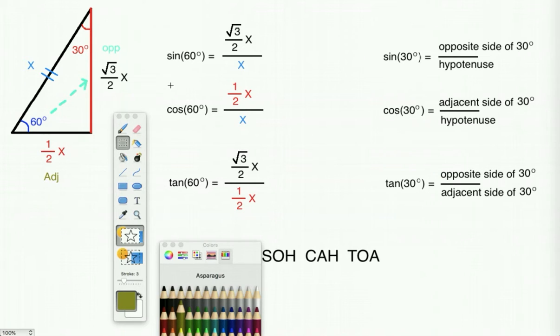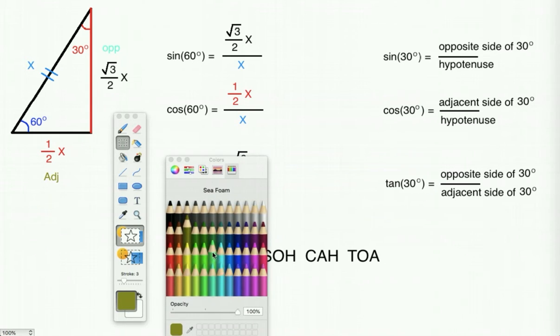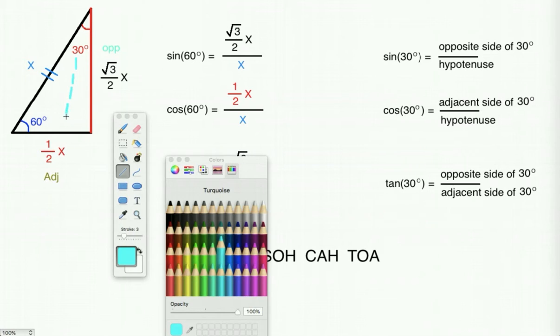All right, so that's looking at the sides compared to 60 degrees. Now let's look at it compared to your 30 degrees. Compared to your 30 degrees, the side that is opposite or furthest away is this one down here.